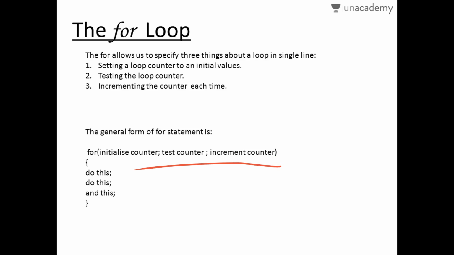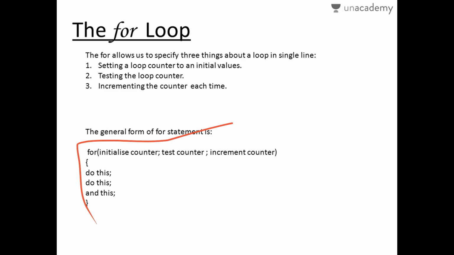As this is the general form, for the for statement you'll have initialize counter, then test counter, and then increment counter. Once you initialize, you need to test the condition. If the condition is true, you execute all the statements within this loop.